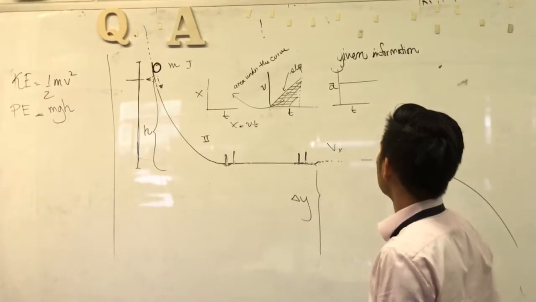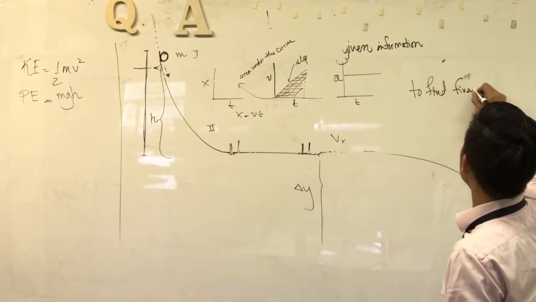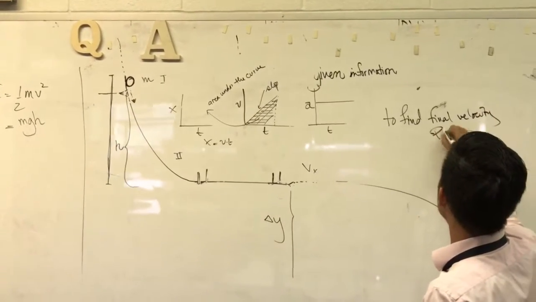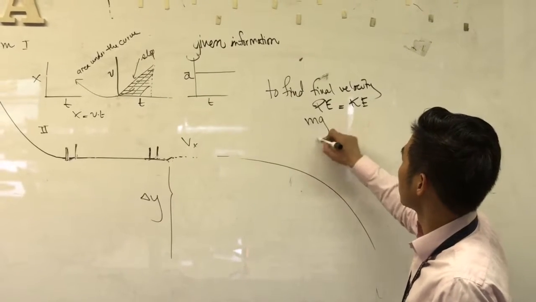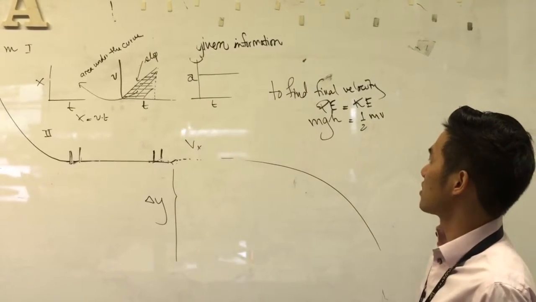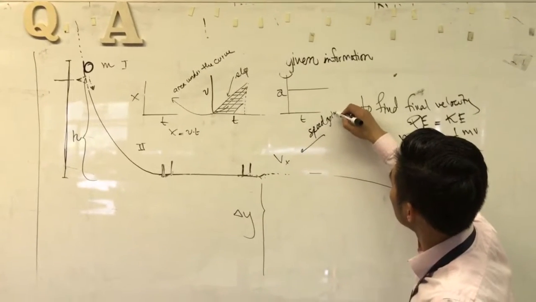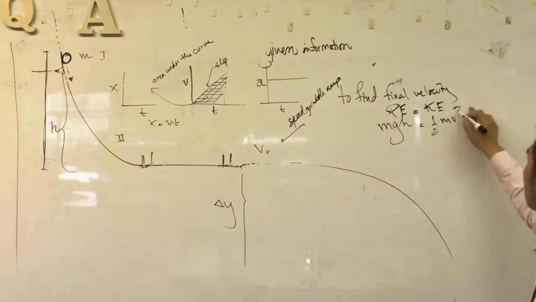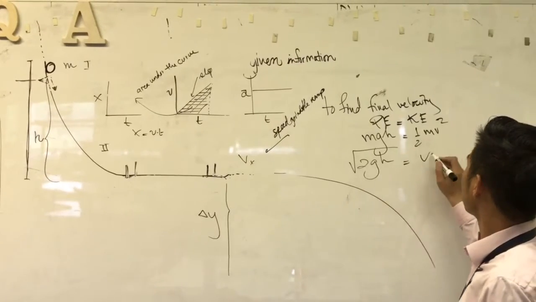First we need to write potential energy equals kinetic energy. And you're trying to find the speed as it's going down the ramp, which is this speed. By now we should know it's always v equals square root of 2gh, right?